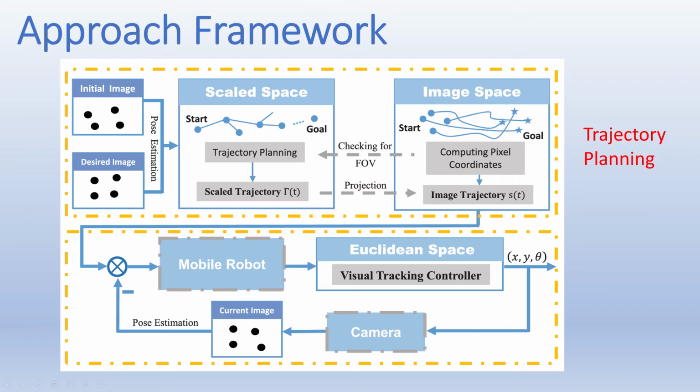For the next phase, after it has the planned trajectory for the mobile robot, it starts to execute it. So this phase is also known as the trajectory tracking control phase. In this phase, the mobile robot receives the planned trajectory and executes them one by one.